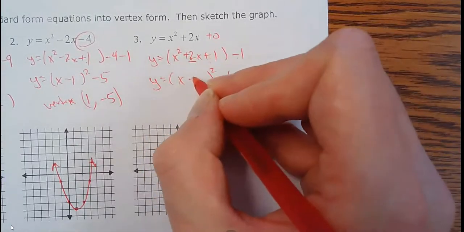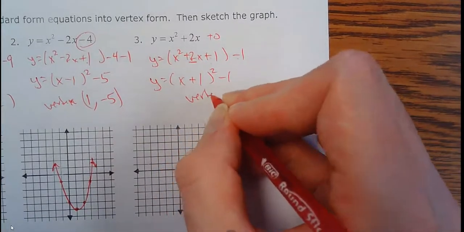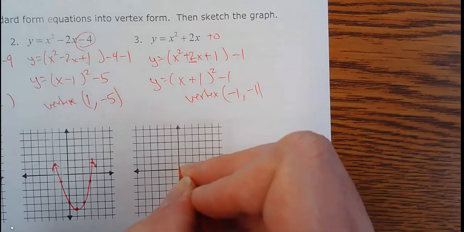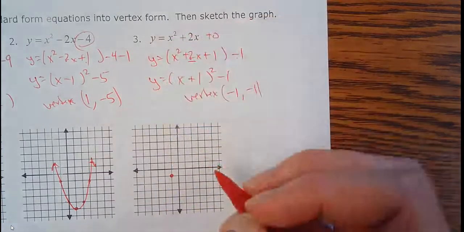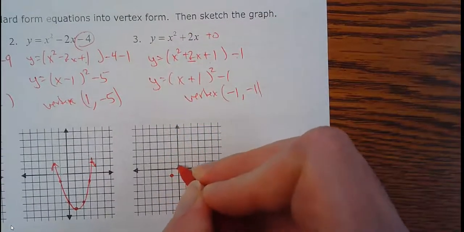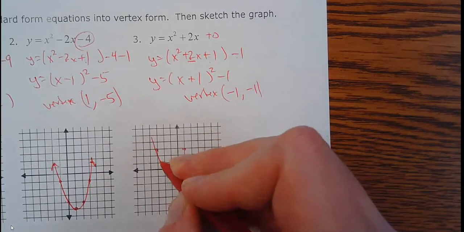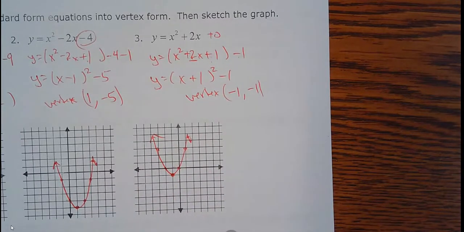Half of 2 would be 1. So the vertex is at -1, -1. Again, no vertical stretch, so it's just up 1, right 1, up 3, right 1, mirror them over. Something like that. Okay. Maybe I'll pause there for now.